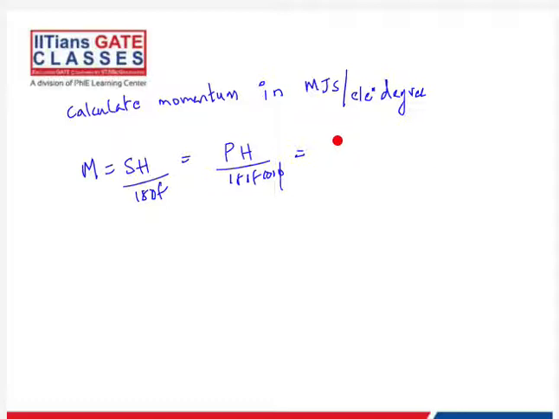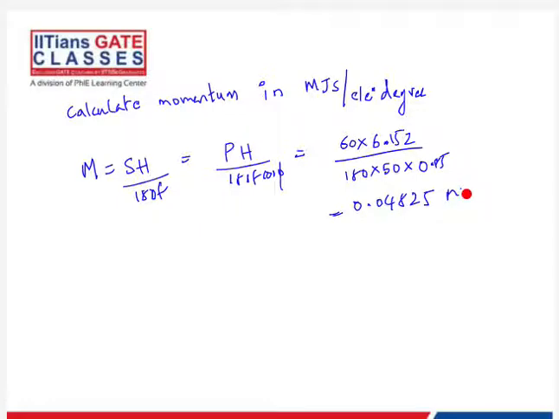If you substitute this, you have 60 into the calculated 6.152 divided by 180 into 50 into this 0.85. So we will get it as 0.04825. Clear?